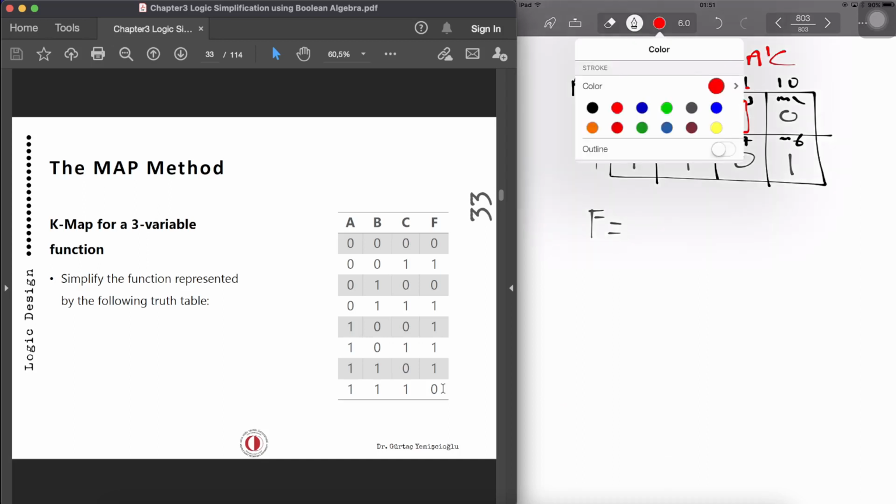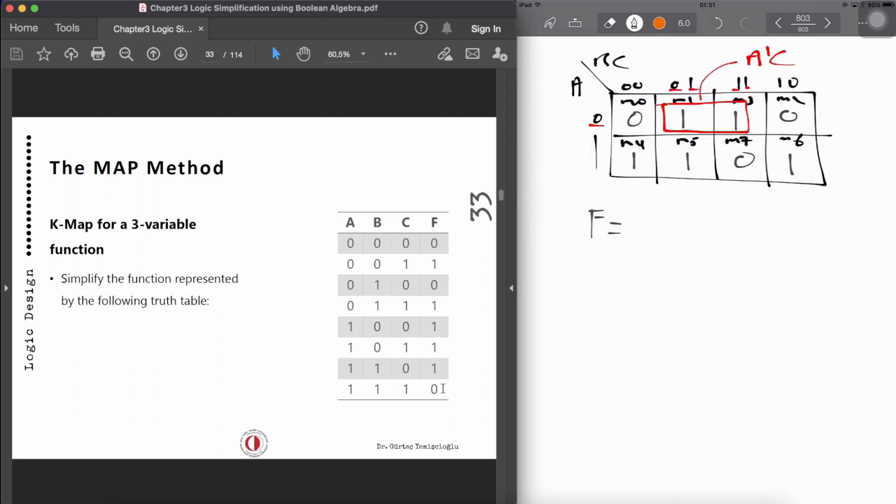Then I can see another one. This is a tricky one. M4 and M6. I can combine the sides. This is also valid, as I'm combining two of those together. I cannot have 3 by including 5, as it is not a power of 2.